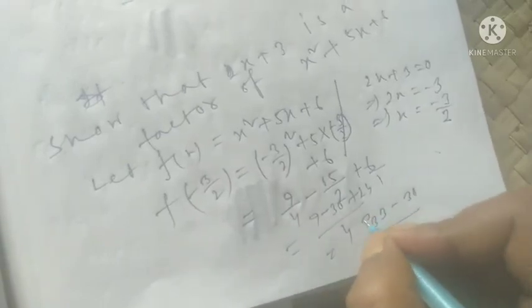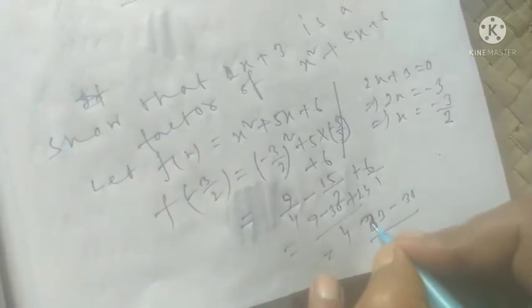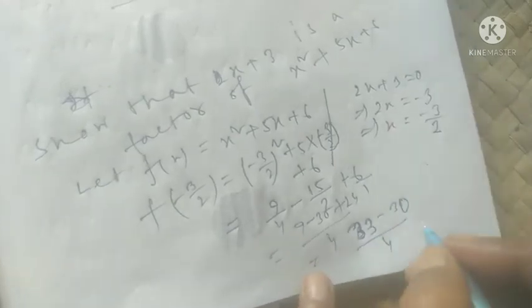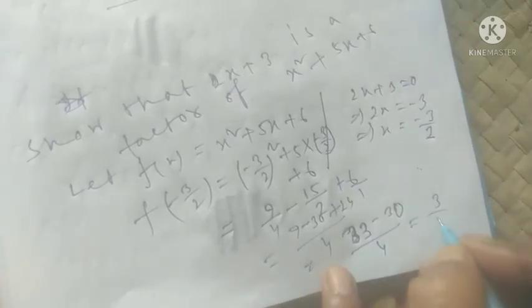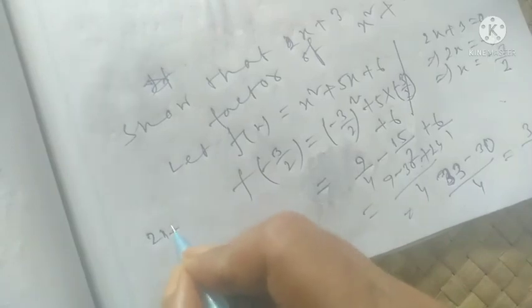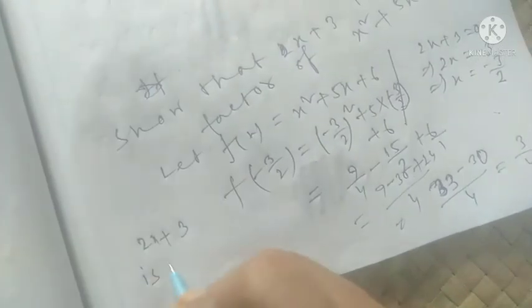So 9 plus 24 is 33, minus 30, and divided by 4, you get 3 by 4. So this is not equal to 0. So it is clear that 2x plus 3 is not a factor of f of x.